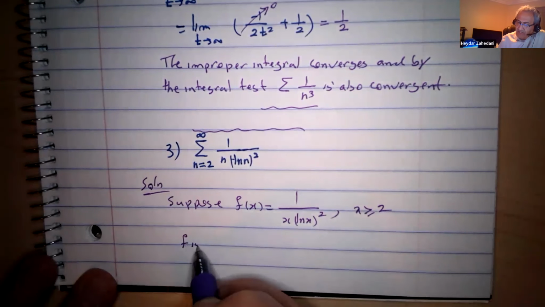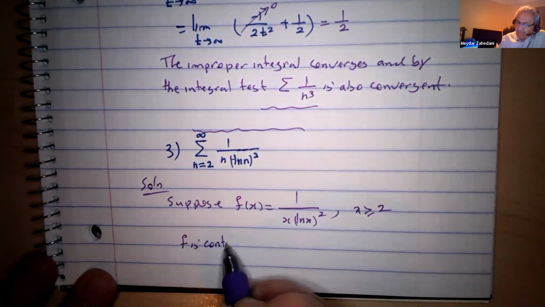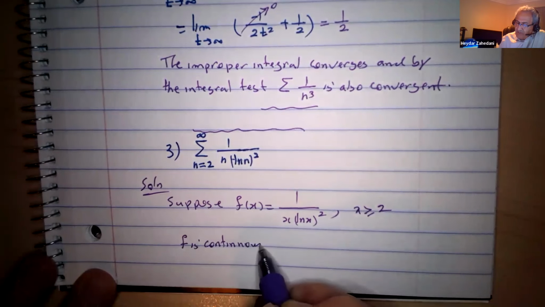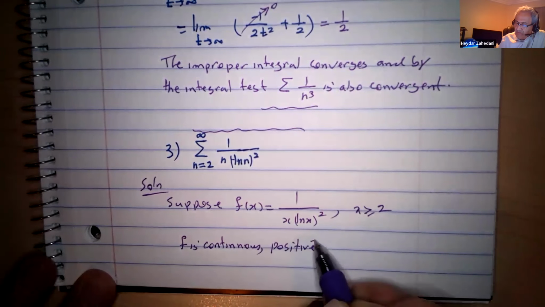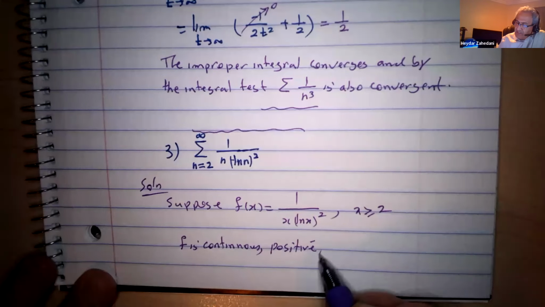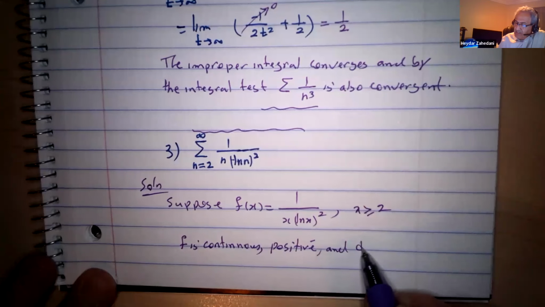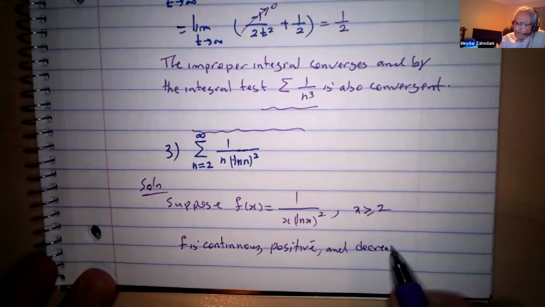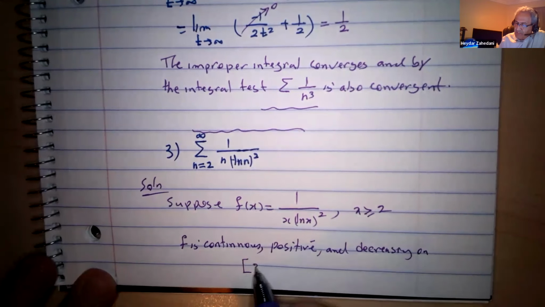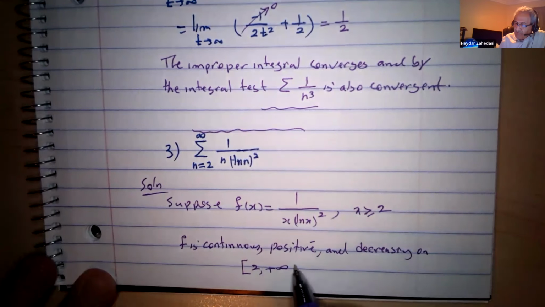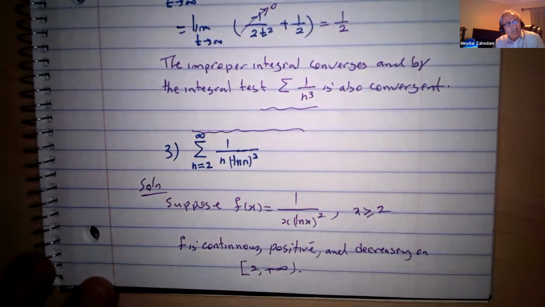Again, f is going to be continuous, positive, and decreasing where? When x is greater than 2 and up to positive infinity. That would be the limit of your integration.